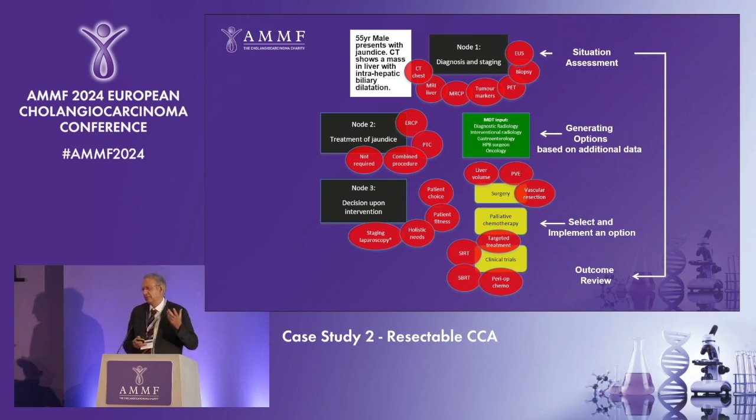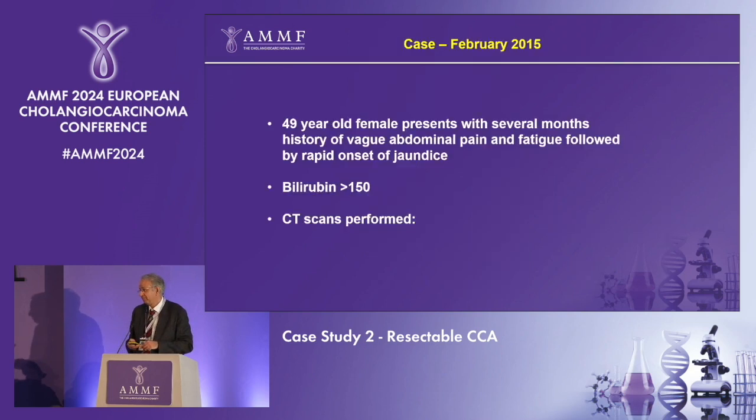This happens in every resectional cancer hospital around the country, and every HPB centre in the country that does deal with these patients. Often in this MDT, you may have 40 to 50 cases to discuss in 2.5 hours. So for every patient, you're talking about 2 or 3 minutes of discussion where that decision is made, and that's not a lot of time when it's someone's life at the end of the line.